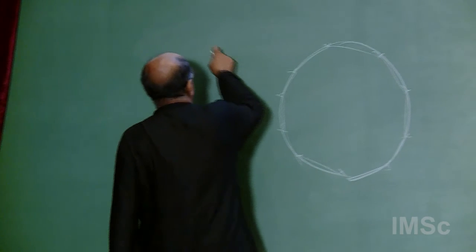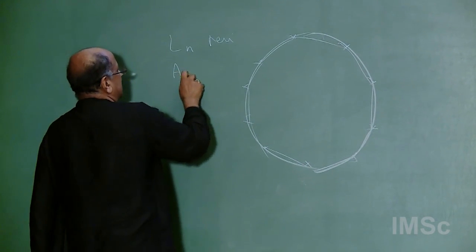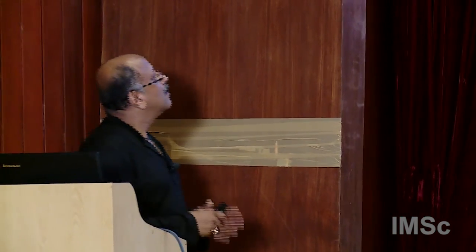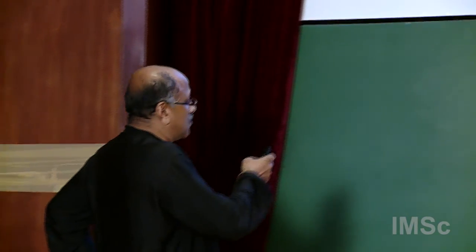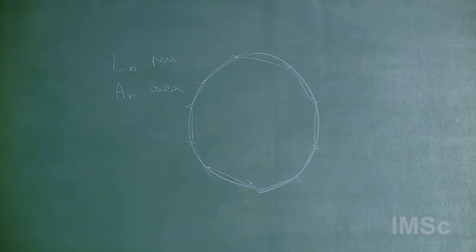So, let Ln be the perimeter of this polygon and An be the area. Then we just saw that Ln square is greater than 8n An tan pi by 2n. This inequality was just proved.